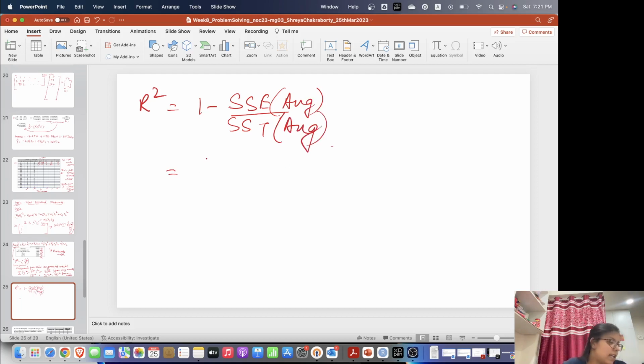So with all the calculations in this current scenario, I have made all the calculations and the R square value.